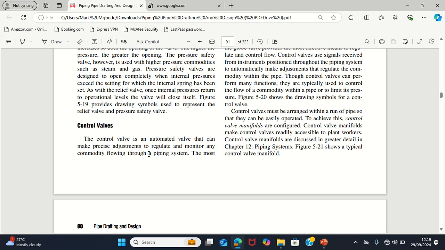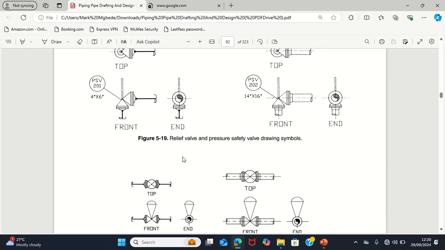And anytime you have a control valve, always know that there is a bypass line, so that in case of maintenance of that control valve, flow can still continue. They just have to close the flow going to the control valve and then open the bypass. So that's just it.